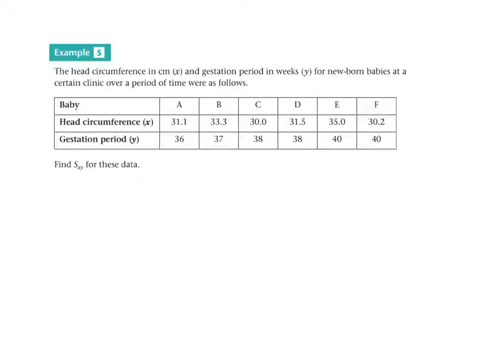Right, example 5 then. We need to work out the covariance, so we're asked to find SXY. If we look back at the formula, it was the sum of all the x's times all the y's minus the sum of x's times the sum of y's all over the number of pieces of data that we have.